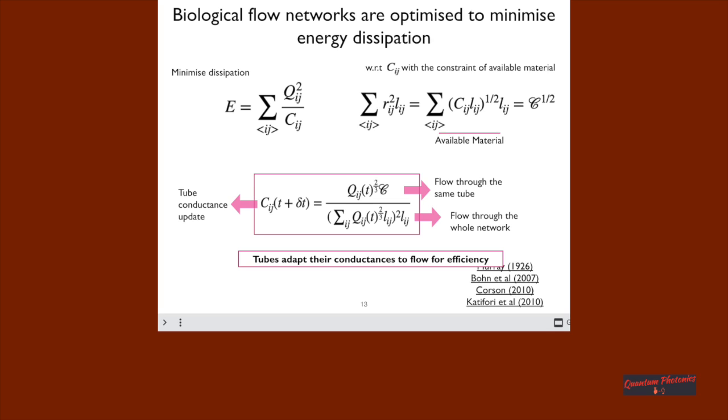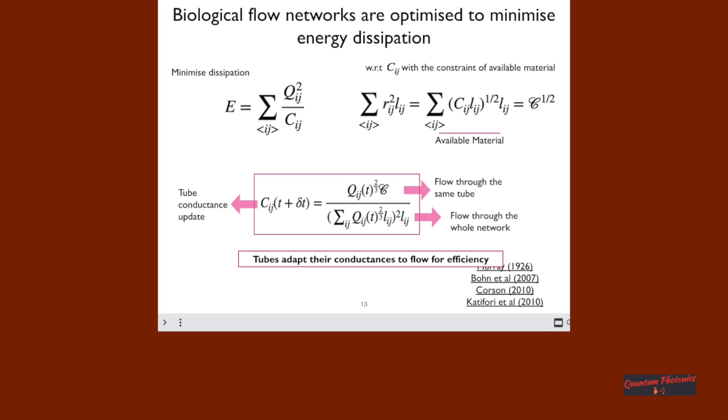Basically, keeping in consideration the minimization of energy dissipation as well as the constraint of the available material to create such a network, we formulate this adaptation rule, which makes sure that the conductances of the network adapt to flow to increase the efficiency of the network. Okay, this was a lot of equations in this slide.